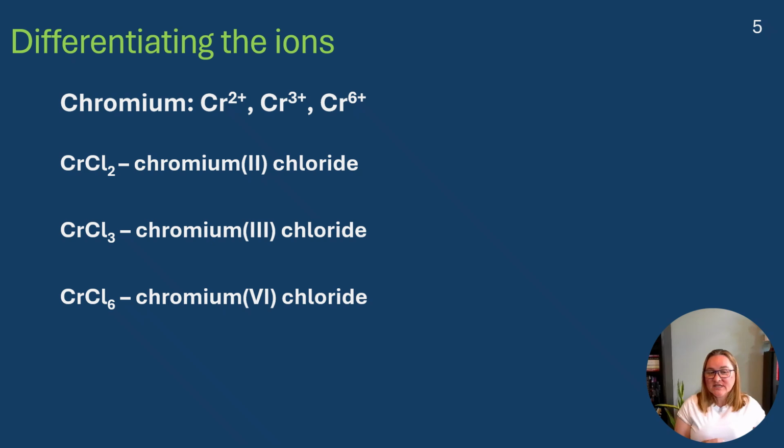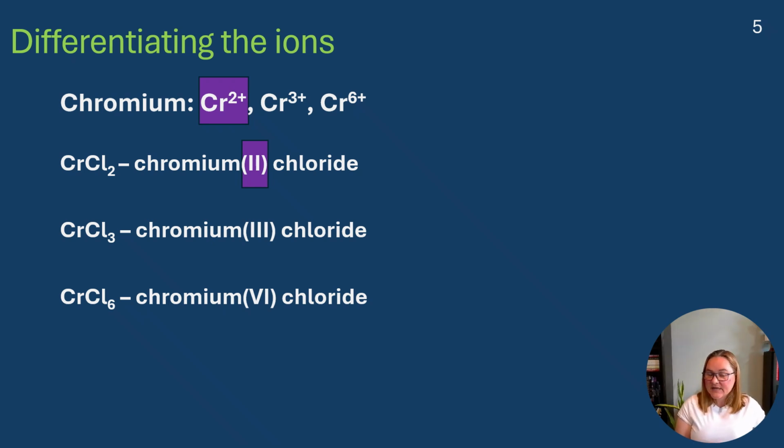Notice that the charge on the cation is given with a capital Roman numeral right behind the name of the element. Since the charge on the chromium is 2+ in CrCl2, a capital Roman numeral 2 is used in the first compound. I've color-coded both of these with purple so that you can see how the charge and the Roman numeral correlate.